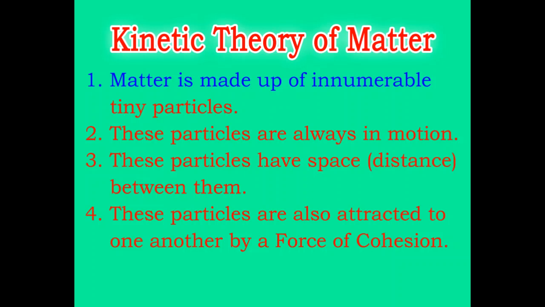And it assumes two further axioms: if these particles are always in motion, these particles must have some space, that means distance between them, and in spite of having some distance, the fourth axiom is this: these particles are also attracted to one another by a force of cohesion. Please note it down, and then we will try to explain this further.